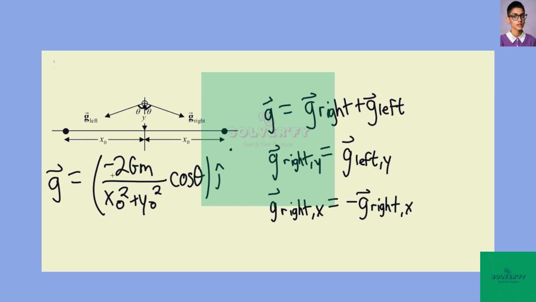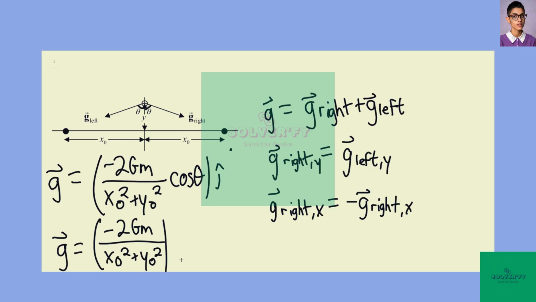Now, I said negative because we're going down, and if we wanted to substitute for cosine of theta, we can say that the gravity vector is going to be equal to negative 2GM over x naught squared plus y naught squared times y divided by the square root of x naught squared plus y naught squared, and again, j hat.